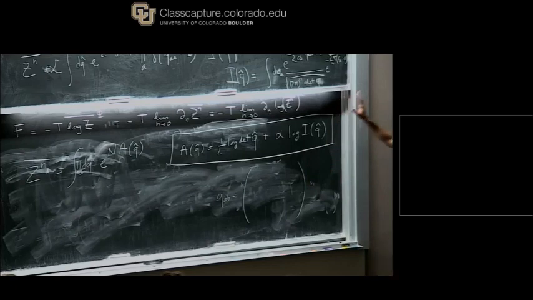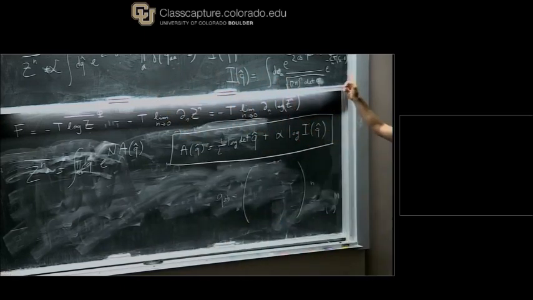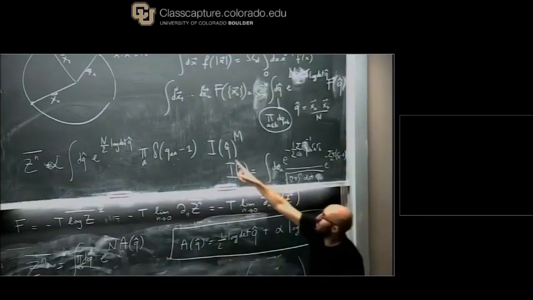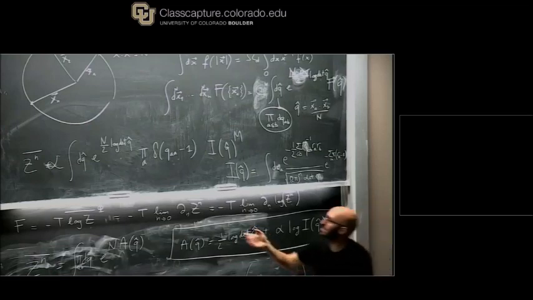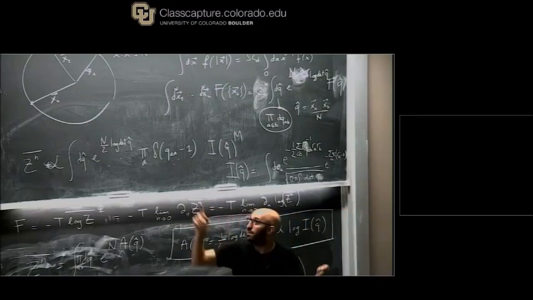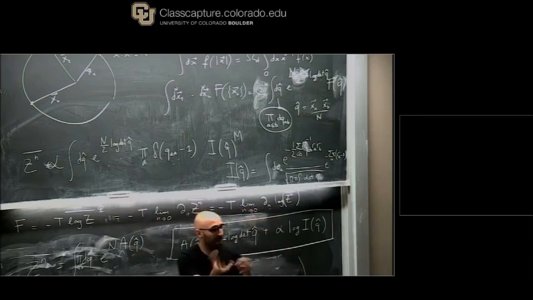Now, I started with a problem with n vectors on the sphere, right? When I did the average over the disorder, I realized that my function was only a function of the scalar products. So instead of integrating over the vectors, I just integrate over all the possible scalar products.